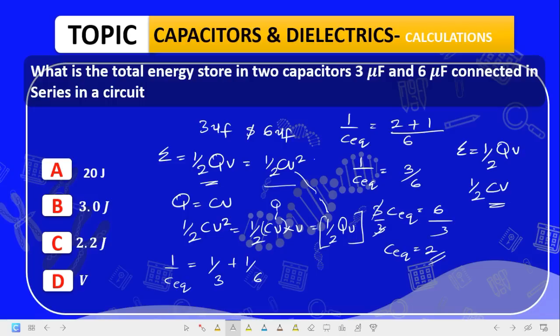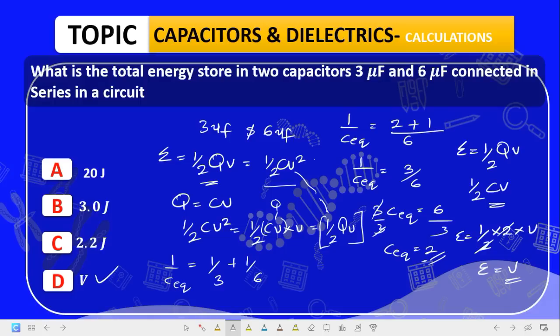Let's say a charge was given. We can actually get the answer because one of the options says V. So in place of our capacitance, what was our equivalent capacitance? It is 2, right? So this becomes half times 2 times V. The 2 cancels the half, and then your energy is equal to the voltage. So the correct answer is V.